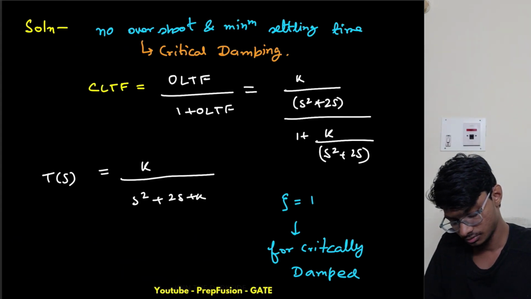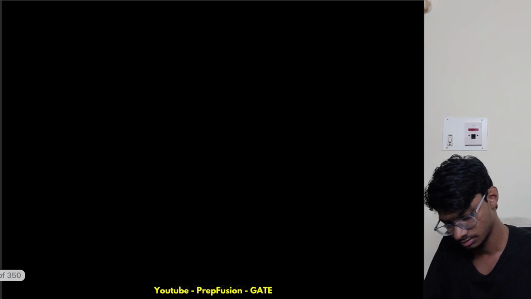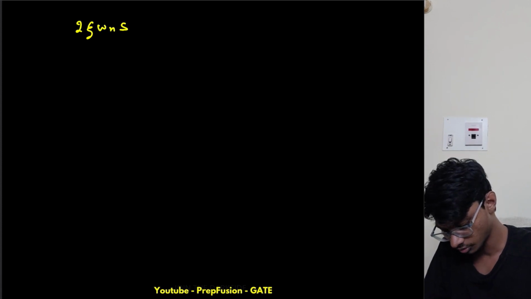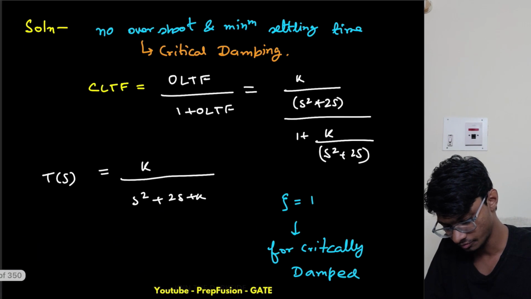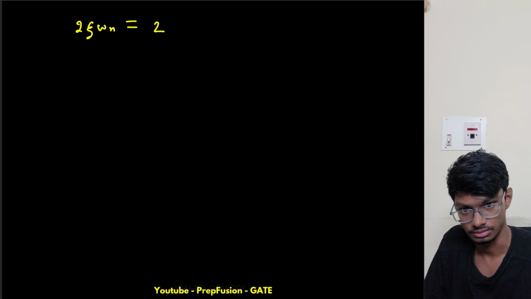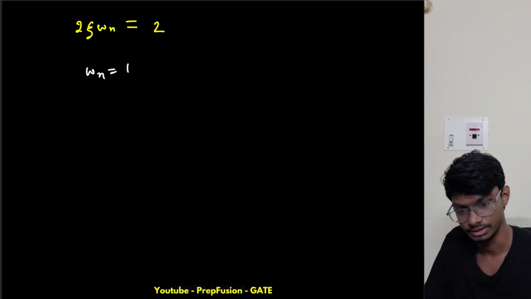So basically, 2 zeta omega n will be equal to this coefficient, which is equal to 2, right? And zeta is 1. So what will my omega n be? Omega n will be equal to 1 only, right?